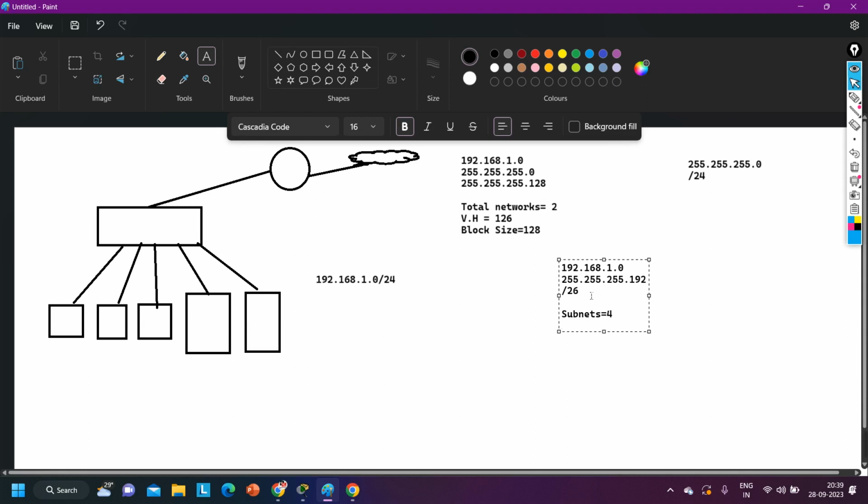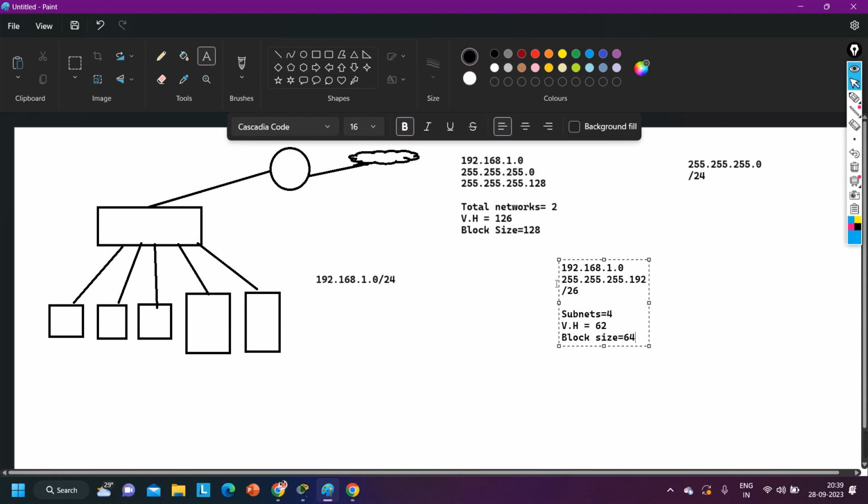And valid hosts in one network: 2 to the power 6 minus 2, which is 62. Total number of IP addresses is 64, and valid IP addresses is 62. And after that, the block size is 64.